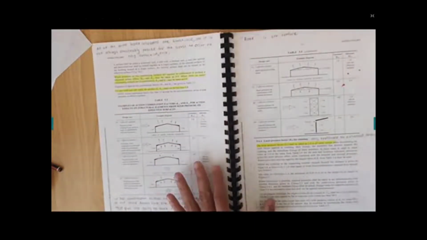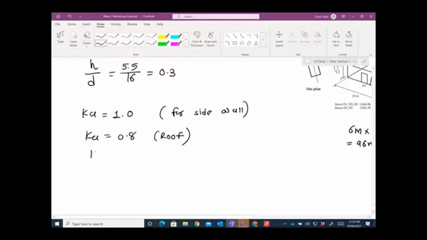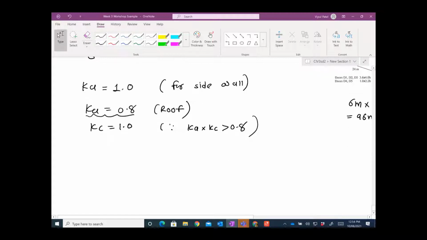So let's say the Kc value equals 1, because the standard wants Ka times Kc to not be less than 0.8. So if you already consider this 0.8, we can't go for a lower Kc. So Kc is 1 for everything.